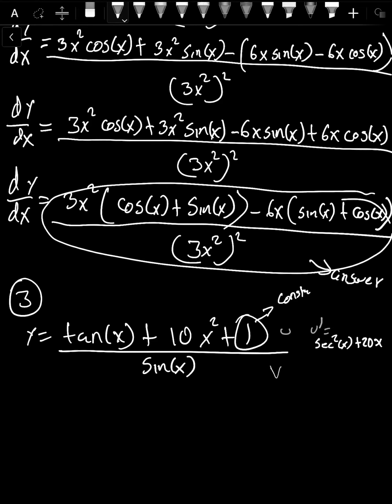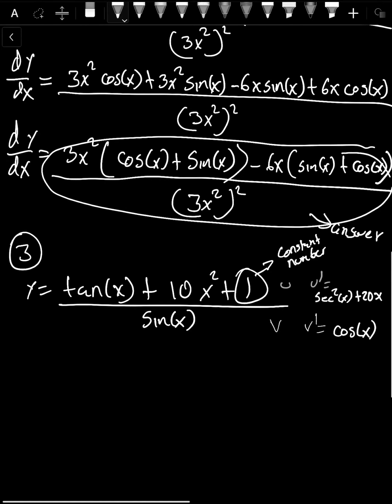And like I said before, this is just a number by itself, which is considered a constant number, which is 0, right? So let's get the derivative of the second term, which is v prime. The derivative of sine of x is cosine of x, right? Now we're ready to plug in our values into the formula.